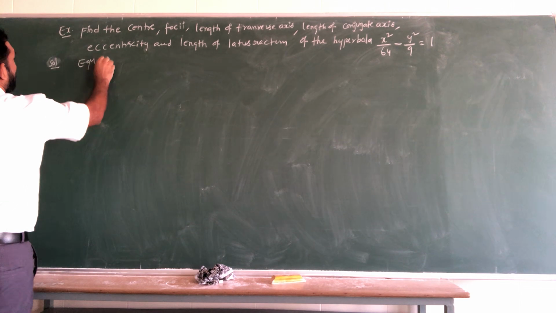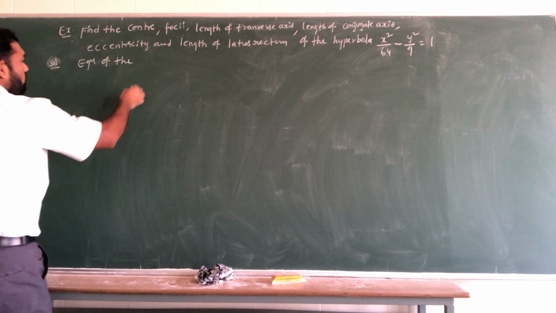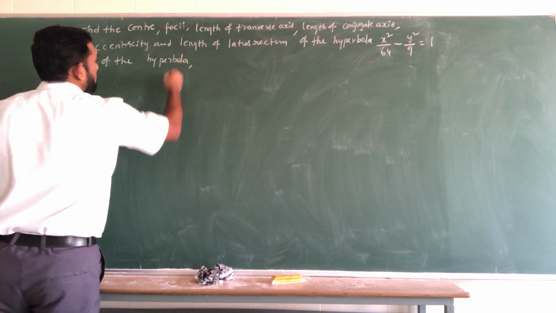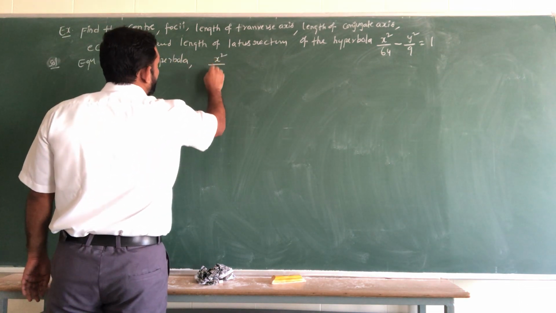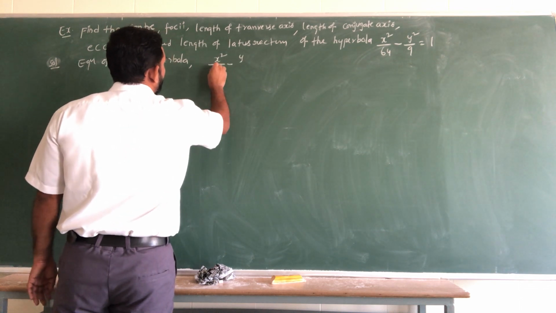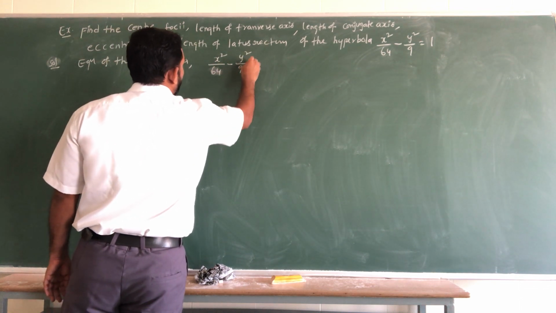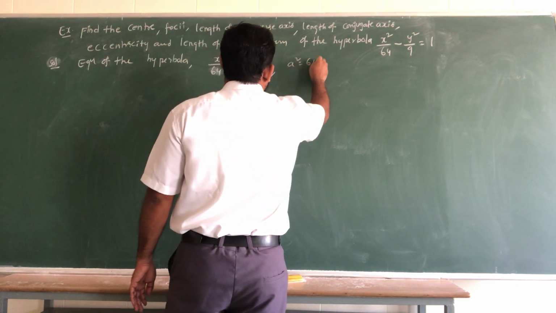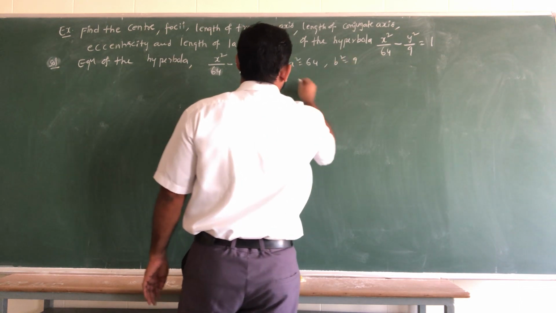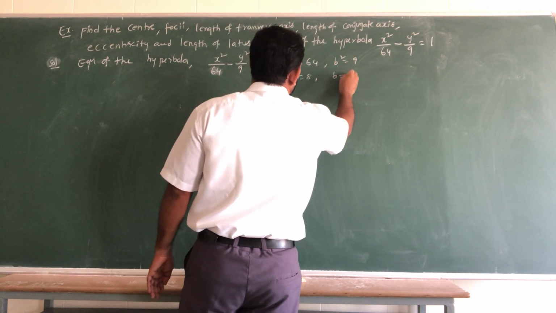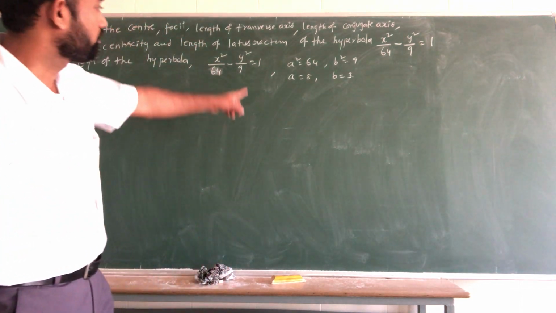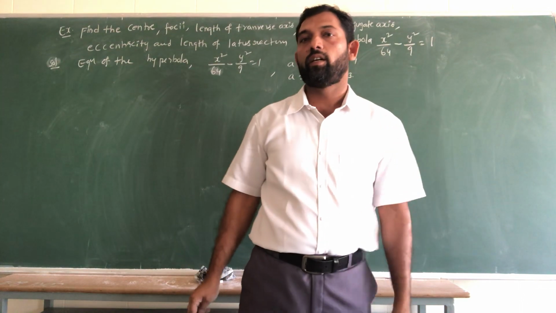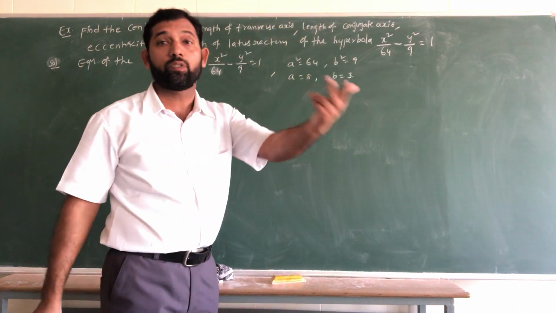Equation of the hyperbola is x square by 64 minus y square by 9 equal to 1. So a square equal to 64, b square equal to 9. So a is equal to 8, b is equal to 3. Right? So this is type 1 only. Equal to minus 1 means type 2.